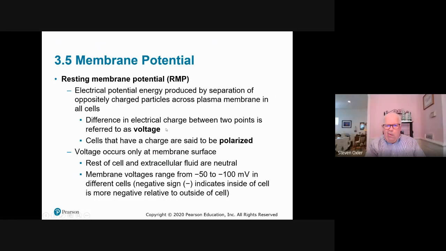The one thing I want you to know is that the majority of membrane voltage is between -5 to -100 millivolts. That means that the inside of the cell is negatively charged to the outside of the cell.